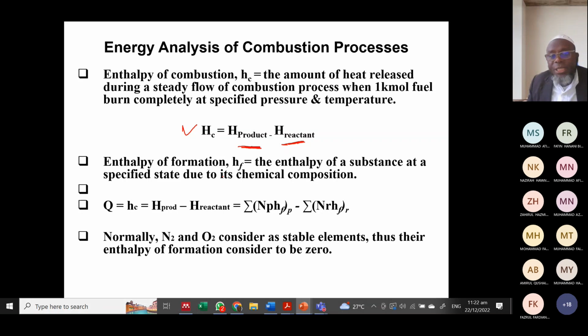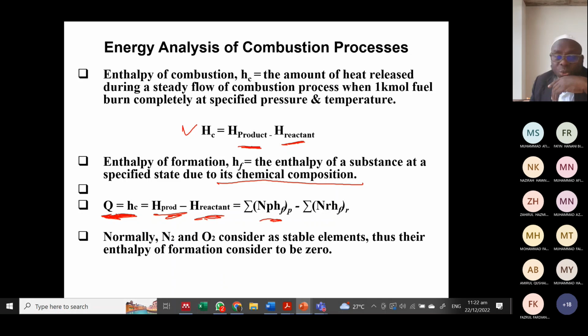Now, we also have enthalpy of formation. Very important. Enthalpy of formation is the enthalpy of a substance at a specified state due to its chemical composition. Later, we will come to know all these things. Enthalpy of combustion can be represented by Q, the heat added or the heat liberated because of the combustion, and is equal to the enthalpy of the product minus the enthalpy of the reactant.